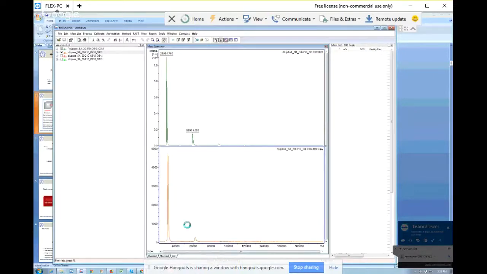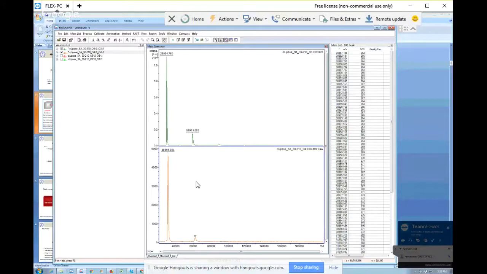In this particular experiment, we had a user coming in with a normal protein and a modified form of the same protein that was being made in the lab. In the top screen, we have the normal protein, while the lower spectrum is for the modified protein.